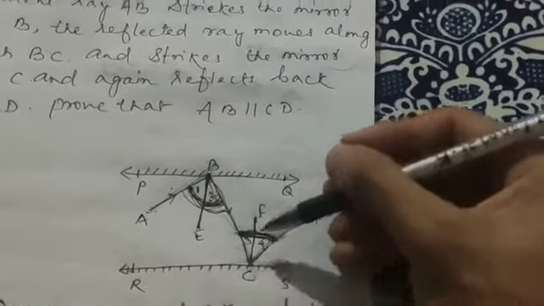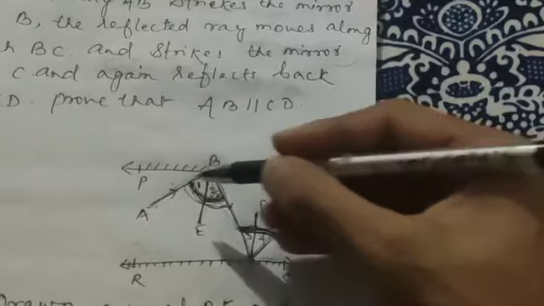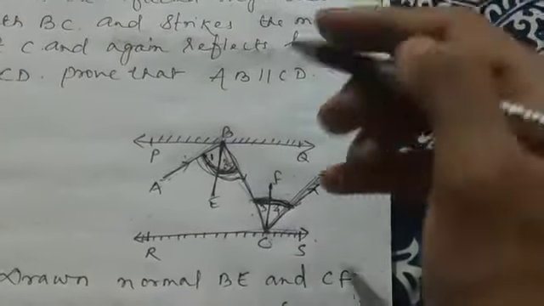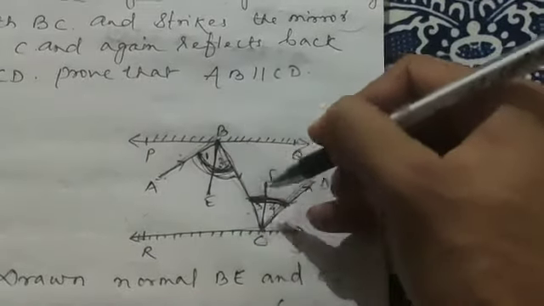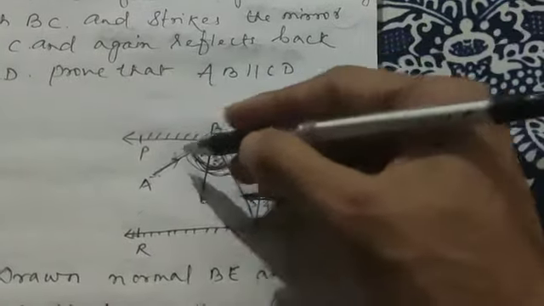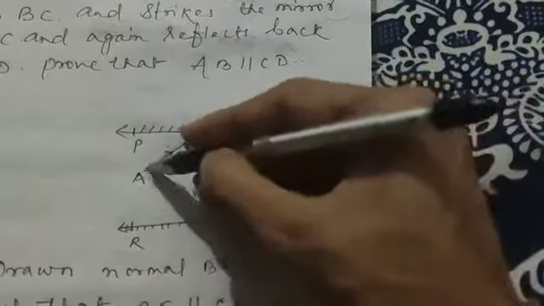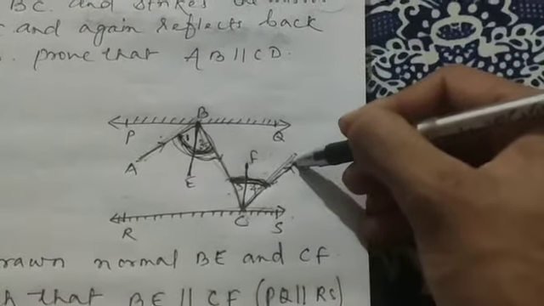Alternate angles are equal, that means lines are parallel. If lines are parallel, then alternate angles are equal. So here we got alternate angles equal, that means AB is parallel to CD. Clear?